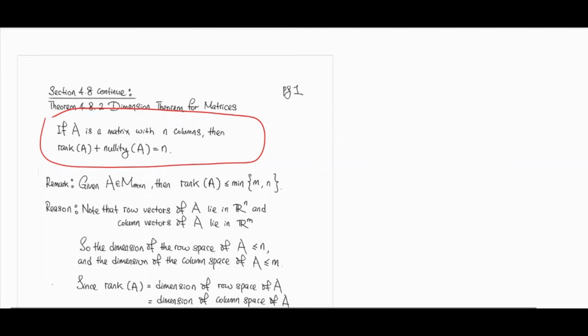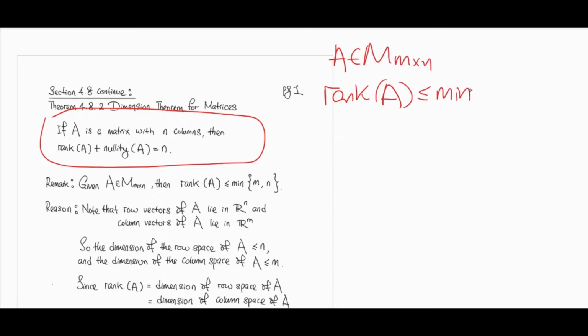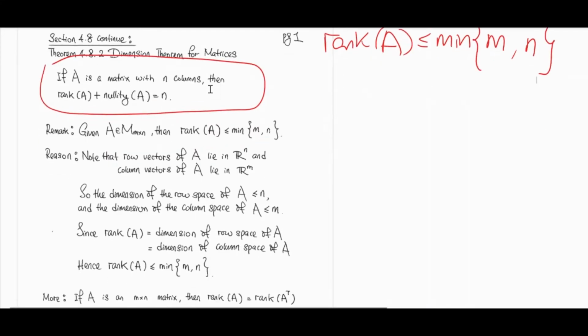All right, before we apply this formula, let's look at the rank of A. The rank of A, for a matrix of size m by n, is less than or equal to the minimum of these two numbers, m and n. Why is that so? That is because the row vectors of this matrix A are elements in Rn, and the column vectors are elements in Rm.